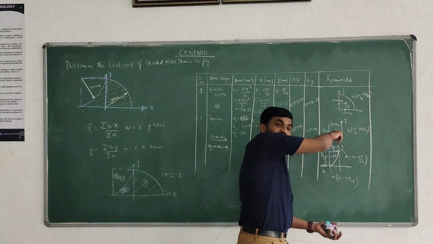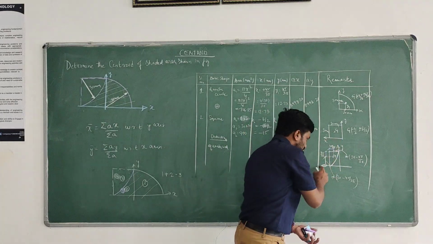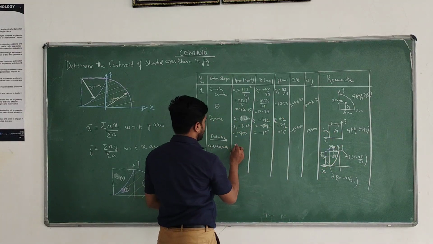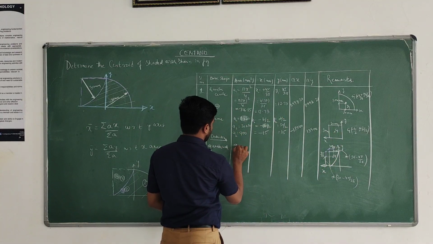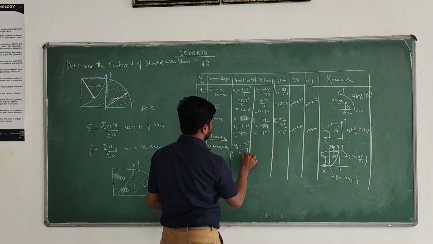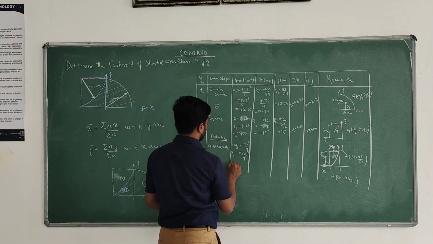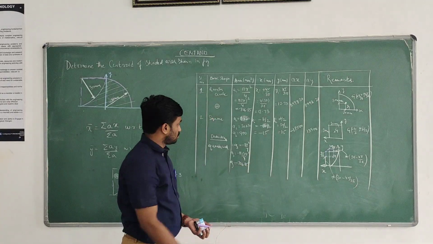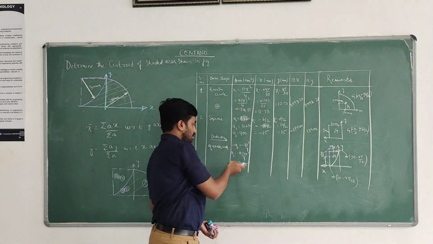Because this is a reverse quarter circle, but we are measuring with respect to x and y axis. Therefore, here area that is minus a3. a3 equals minus pi r square by 4, so a3 is minus pi into 30 square by 4. So a3 equals minus 706.85. Same here. Here plus, here minus.